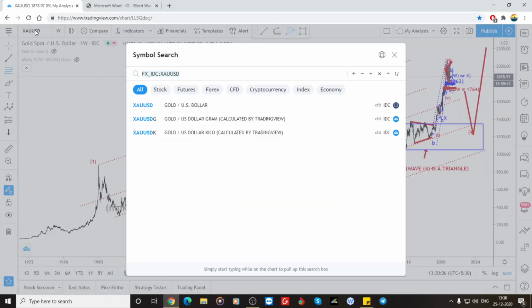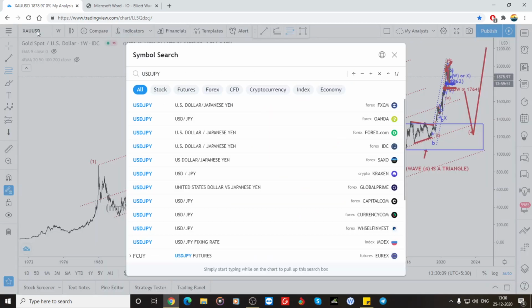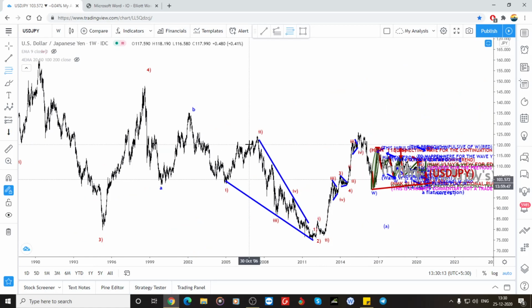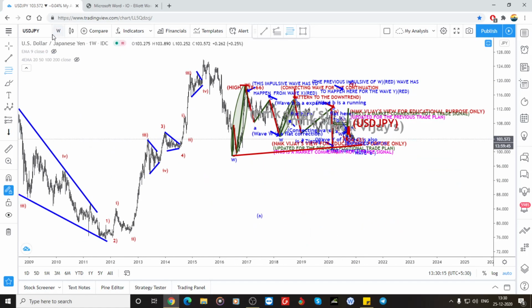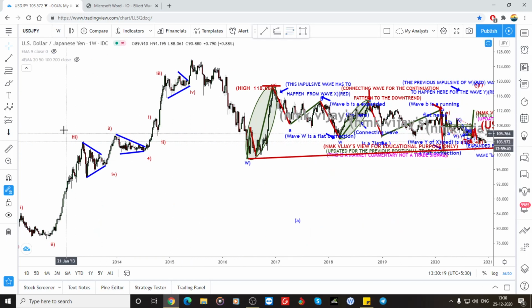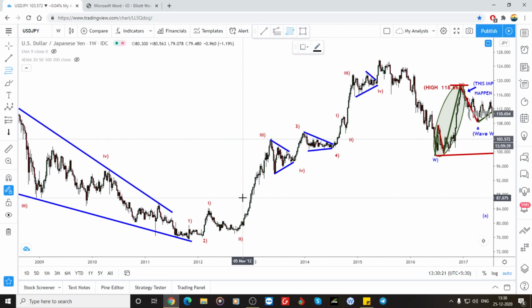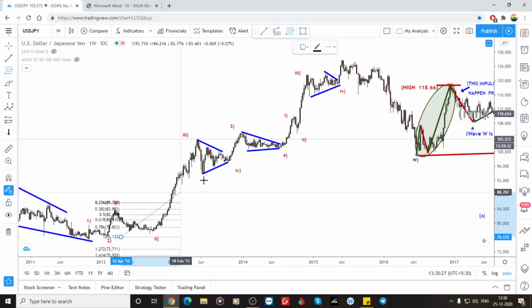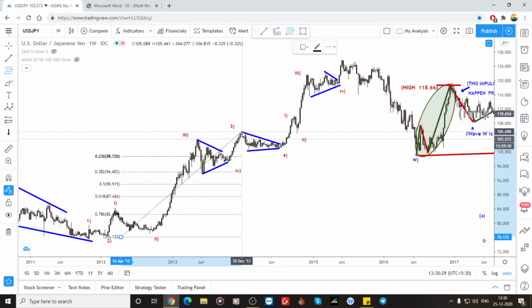For example, we will see in USD JPY. So in USD JPY, here wave 2 is ended, here wave 3 ended, so it is 23.6.